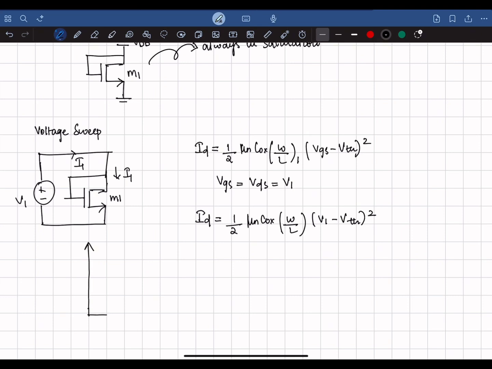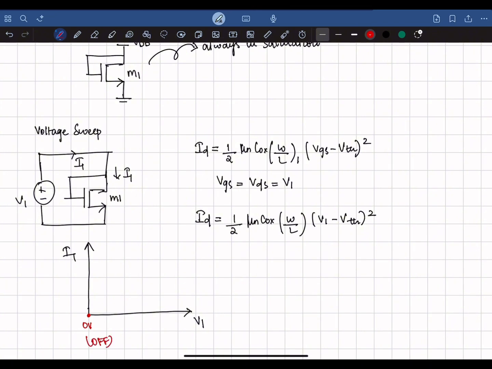So let's see how this can be interpreted in a graph. When V1 is at 0 volts, I1 will also be 0 because the transistor is off.